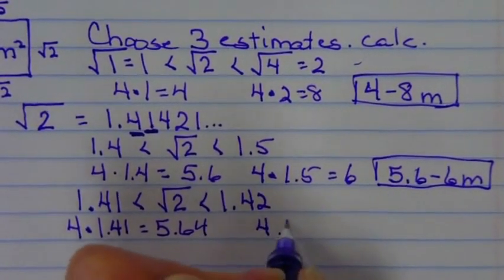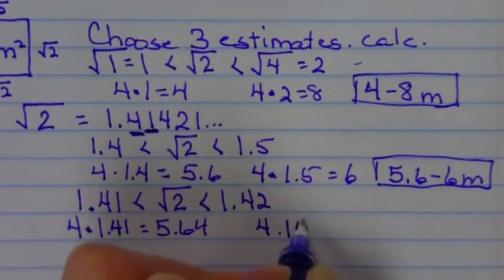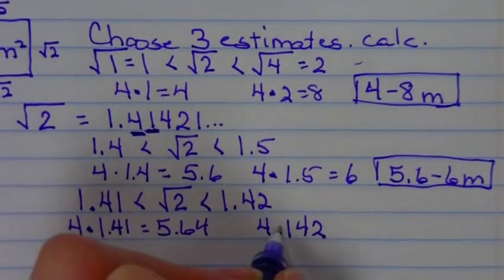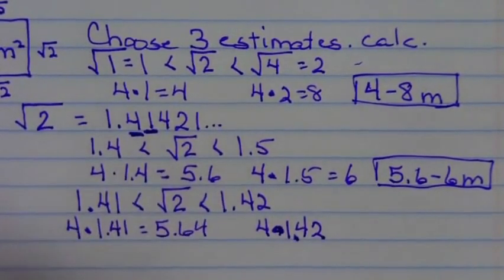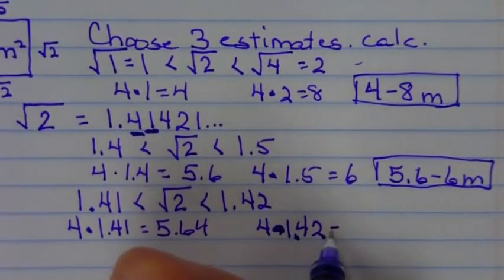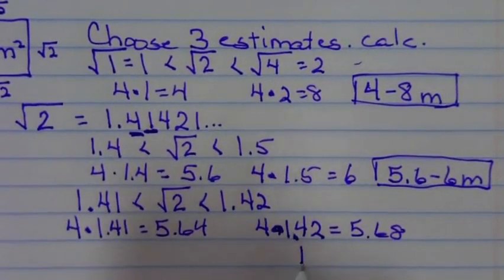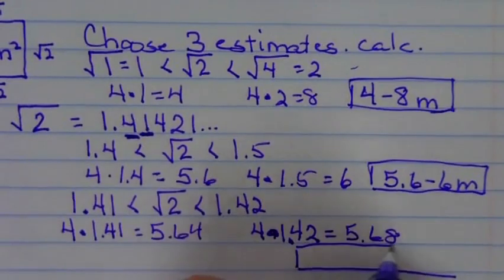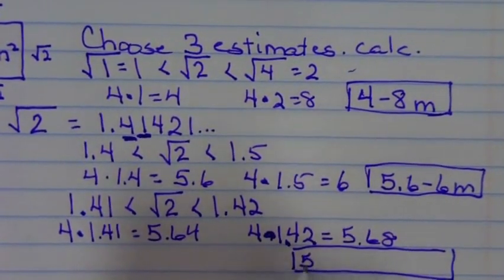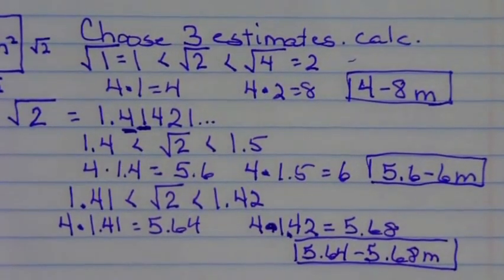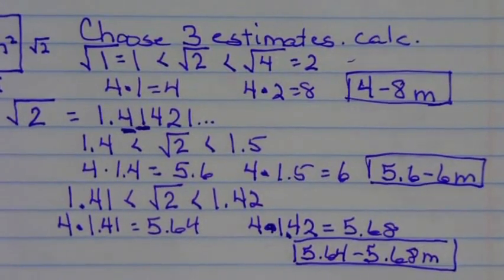And then 4 times 1.42, sorry about that, equals 5.68. This is a much more precise estimate, 5.64 to 5.68 meters. It's a much more precise range.